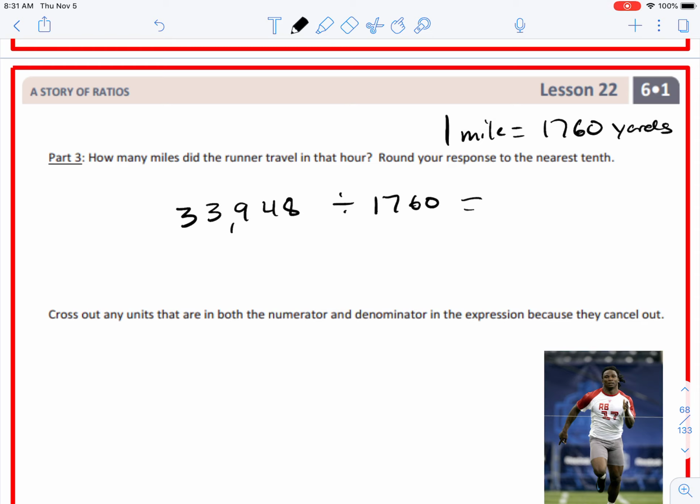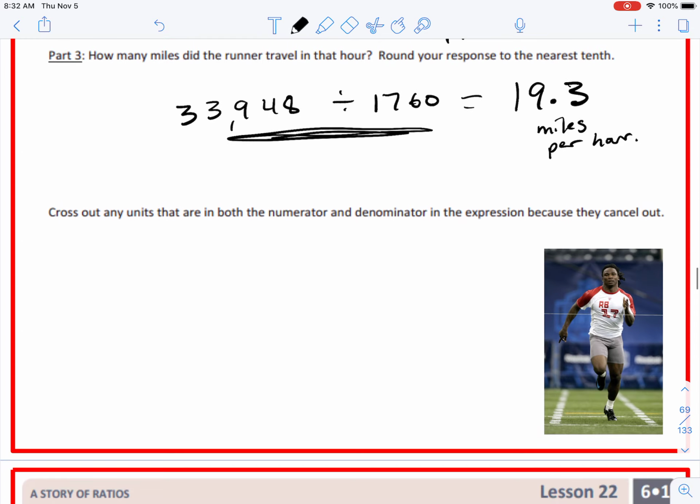Plug that into your calculator, pause your video, and round it to the nearest tenth. You should have paused your video and plugged this into your calculator, and you should have gotten 19.3 miles per hour, or mph. So if he ran for an hour at a constant speed, he would be running 19.3 miles per hour. Really, really fast.